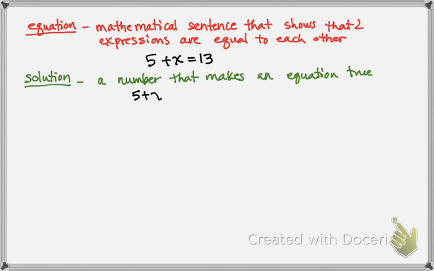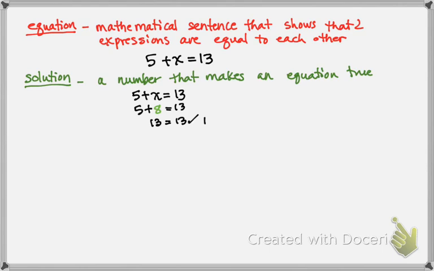5 plus x equals 13. And again, a lot of people can say, yeah, I know that. That's going to be 8. And if I substitute in 8, I get a number that makes the equation true.